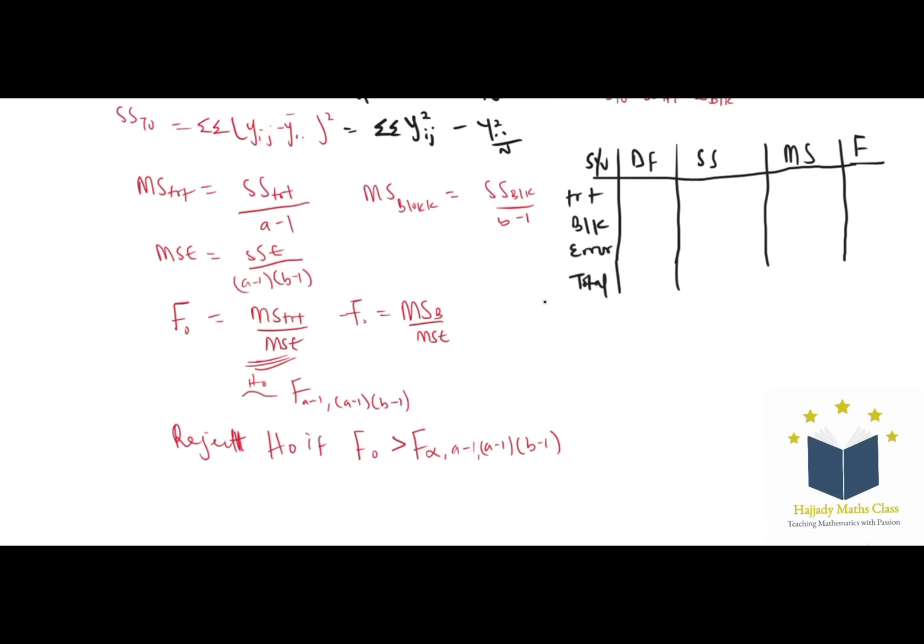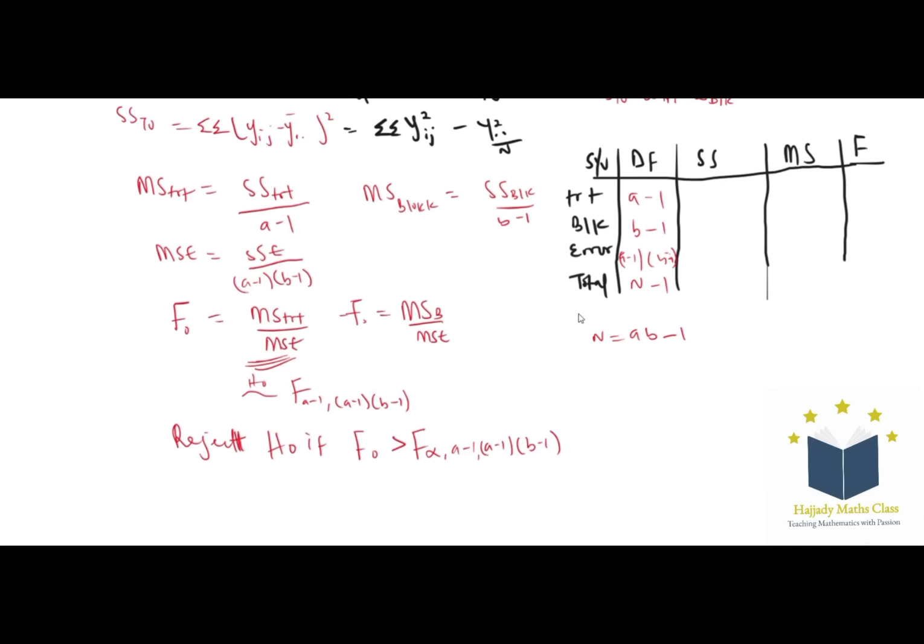For the degree of freedom of the treatment, we use a minus 1. For the block, we use b minus 1. For the total, we use N minus 1. Don't forget that N is the same thing as a times b, so this is like saying ab minus 1. And for the error, we use (a minus 1)(b minus 1).